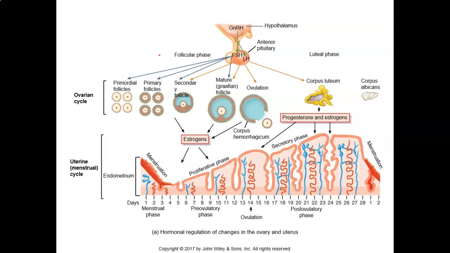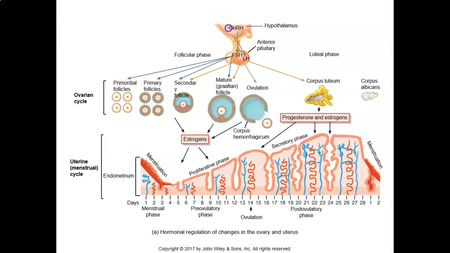So if the egg becomes fertilized, the idea is that it will implant into the uterine wall. Now, the uterine wall can only be implanted into if it has been appropriately prepared. This is the importance of the different hormones, and these hormones come from the follicles.